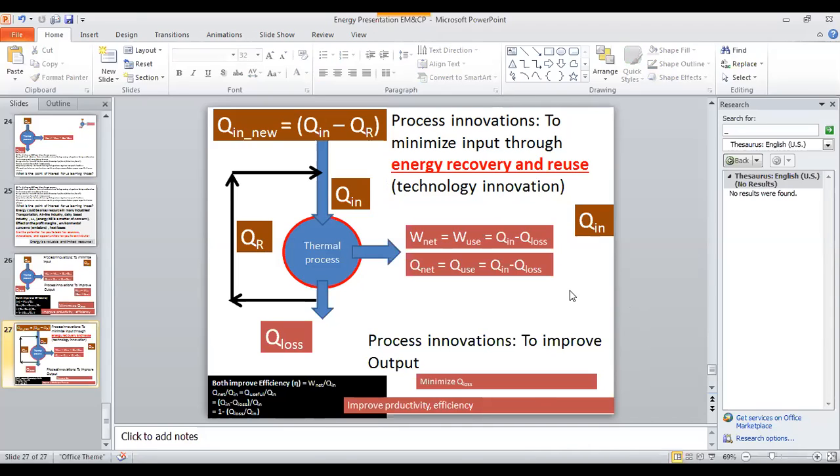Energy recovery and reuse is a very advanced technology nowadays. In some cases they can recover even over 90% of the energy, because now energy is costly. Energy is money. Energy becomes profit.